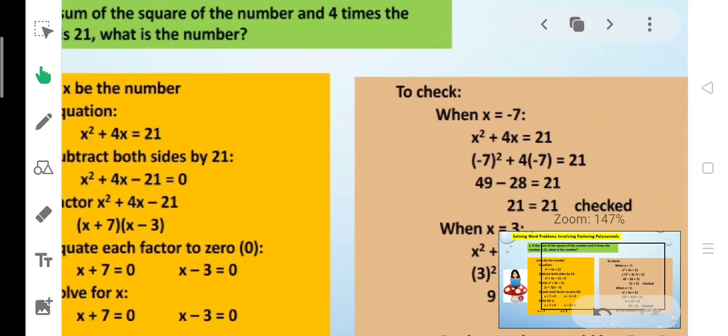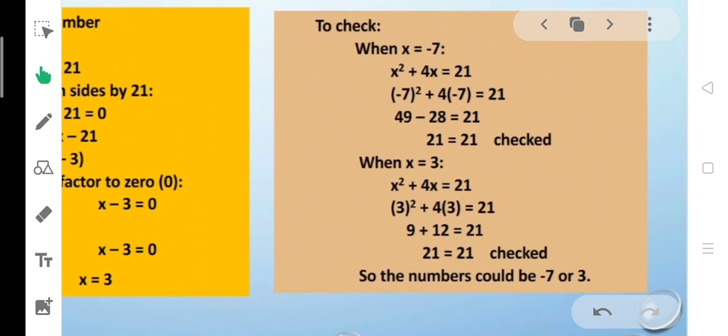So we have this one. When x is equal to negative 7, substituting to the equation x squared plus 4x is equal to 21, we have negative 7 squared plus 4 times negative 7 equals 21.